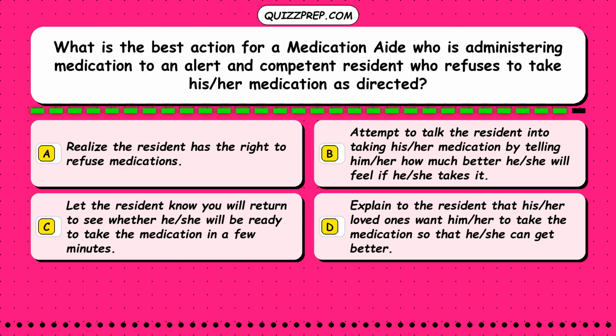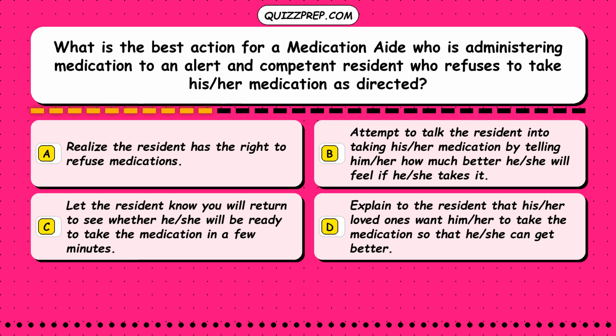Question 211. What is the best action for a medication aide who is administering medication to an alert and competent resident who refuses to take her medication as directed? Option A, realize the resident has the right to refuse medications. Option B, attempt to talk the resident into taking her medication by telling him or her how much better she will feel if she takes it.